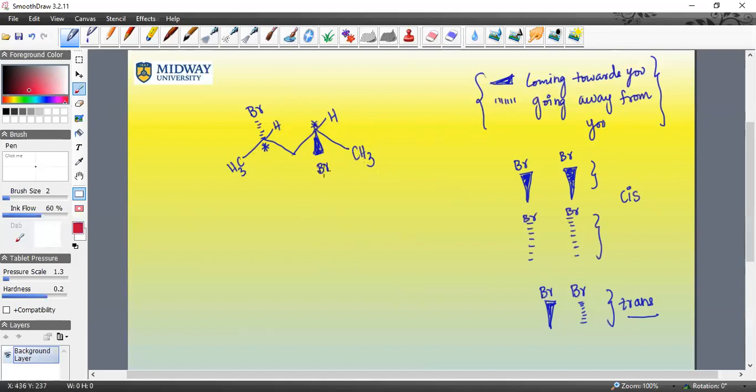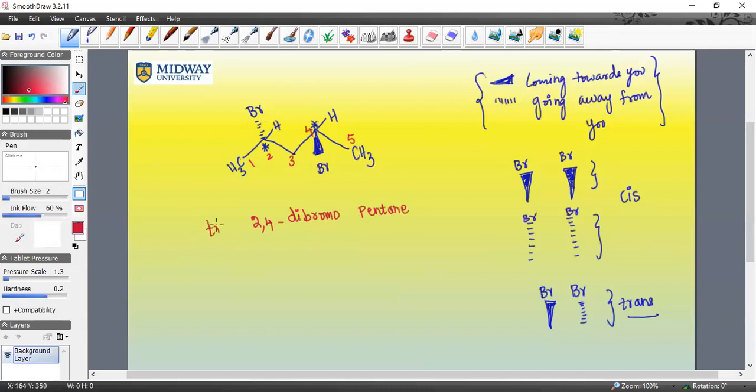It doesn't really matter where you number from, because it's very symmetrical. So I'm just going to go from here. If you number it, it'll be 2,4 dibromopentane. And because these 2 groups are opposite to each other, as I said, if 2 like groups are opposite to each other, that is one going away from you, one coming towards you, that's a trans.